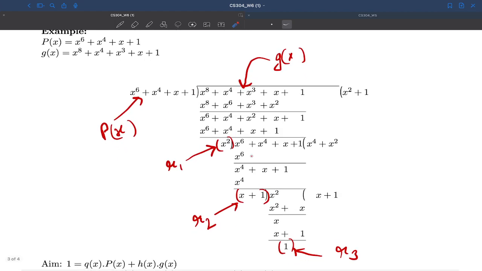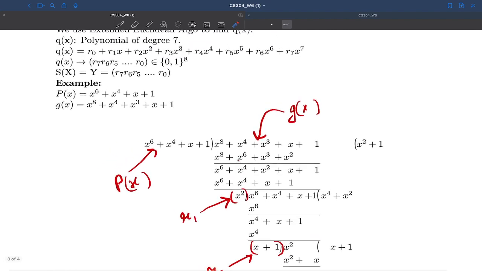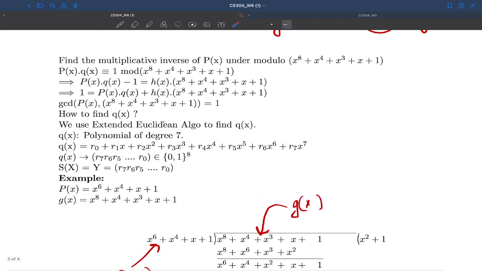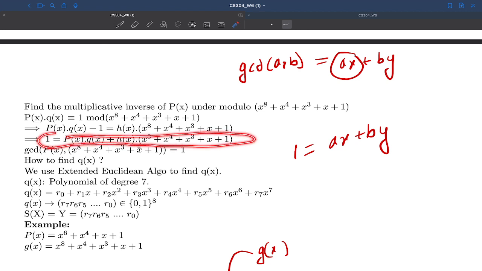Okay, you did this operation, you got 3 remainder. Now what is the inverse? In the extended Euclidean algorithm we were having this form ax plus by, and for the inverse we have 1 is equal to ax plus by. So we want to find this equation, 1 is equal to px times qx plus hx times gx.